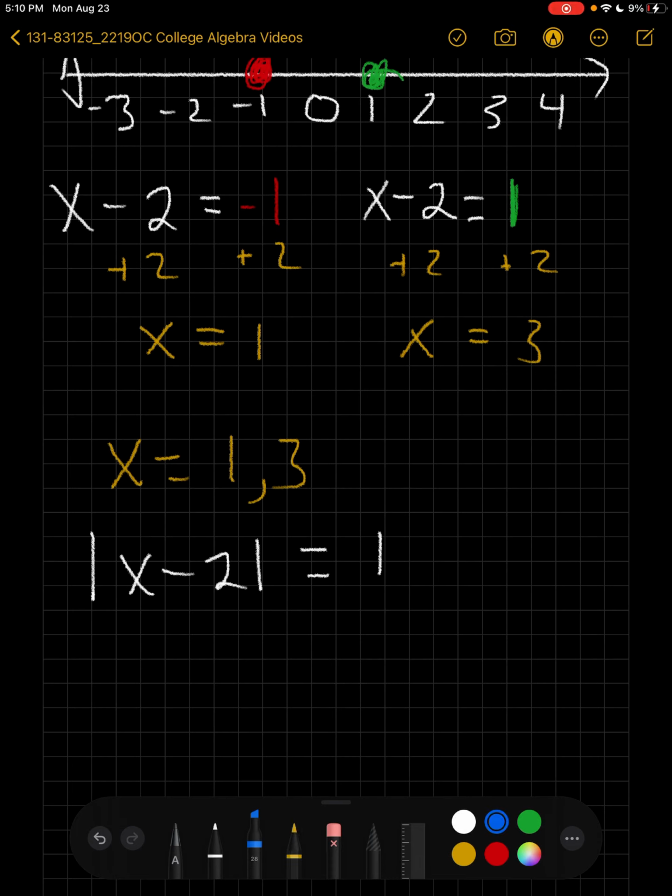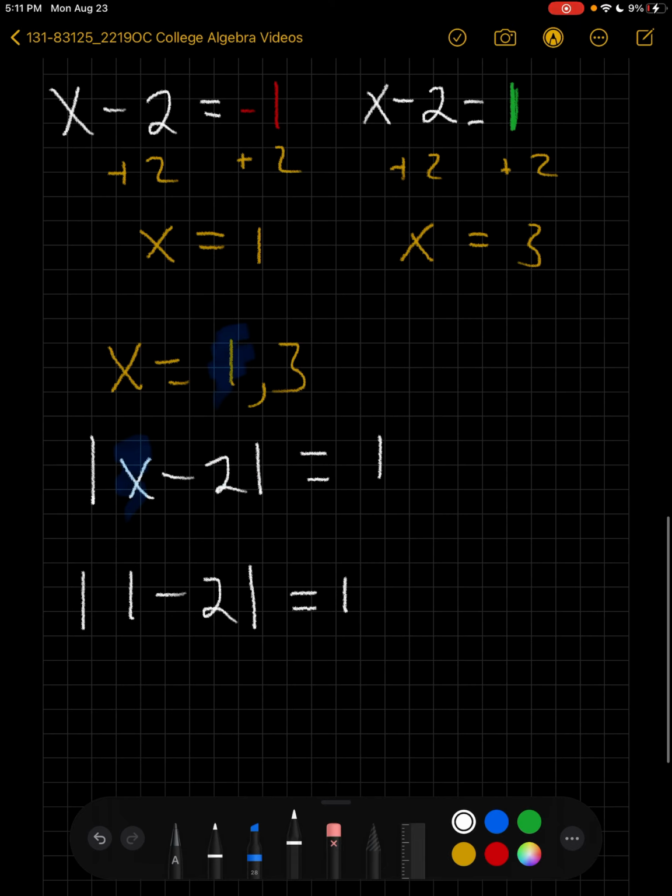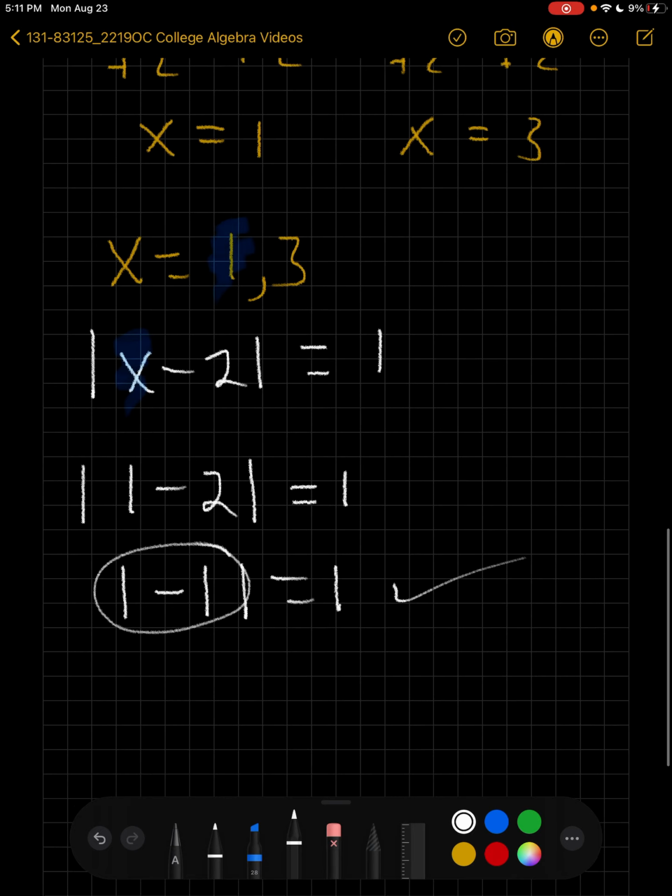So if I plug in 1 into that equation for x, I get the absolute value of 1 minus 2 is equal to 1, and then I get the absolute value of negative 1 is equal to 1, and that's true. Negative 1 is 1 unit away from 0, so that checks out.